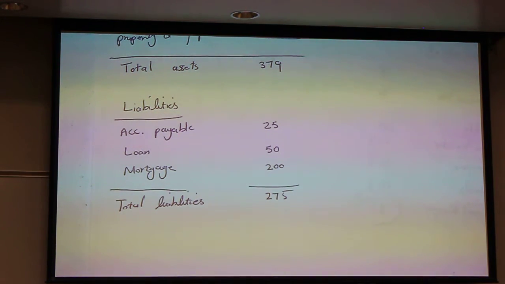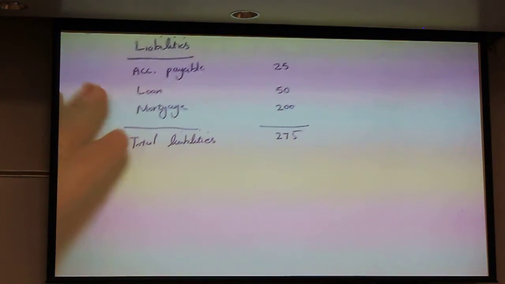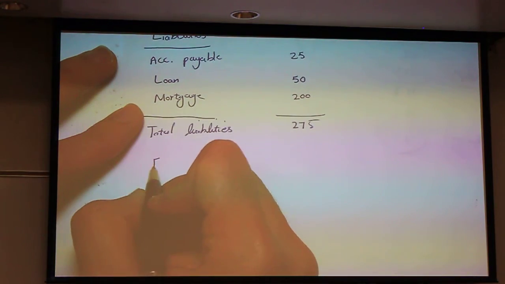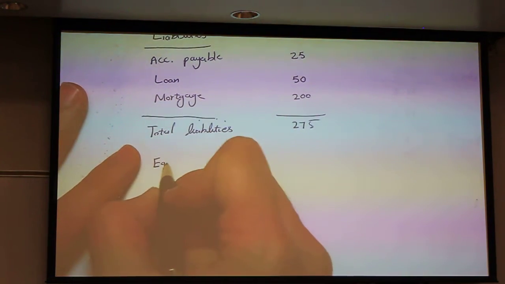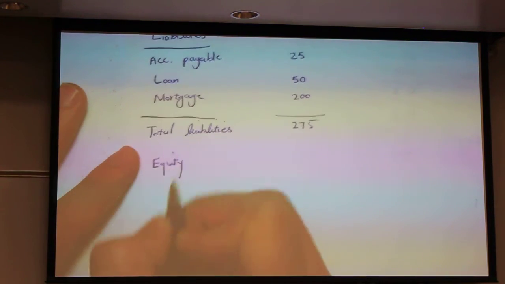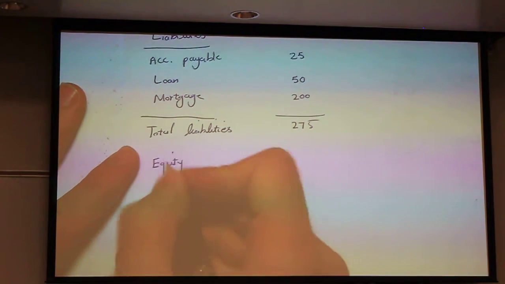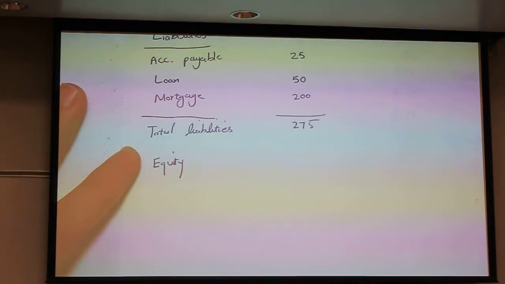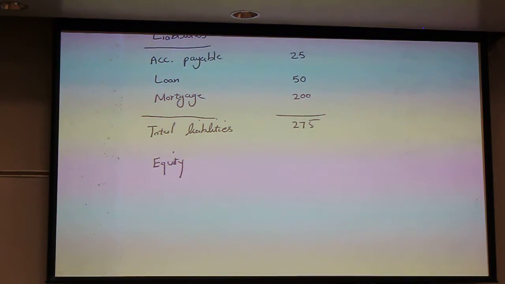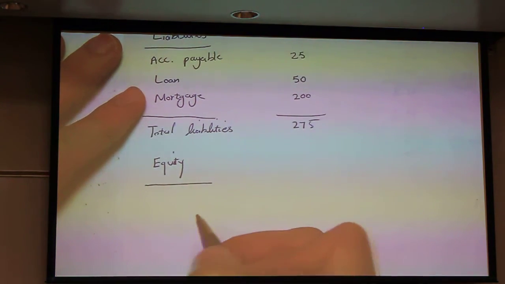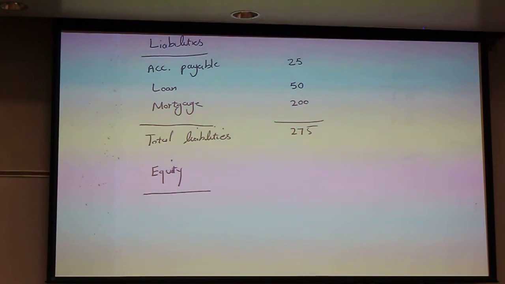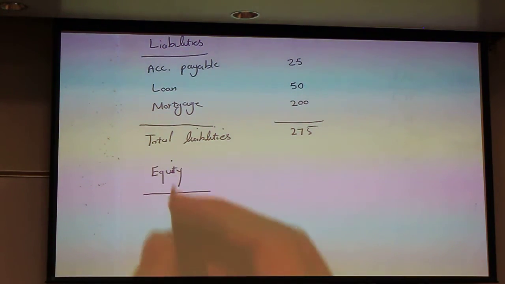Last, I need to figure out equities. Equity. Common stock, preferred stock, paid-in capital, retained earnings, all categorized as equities.